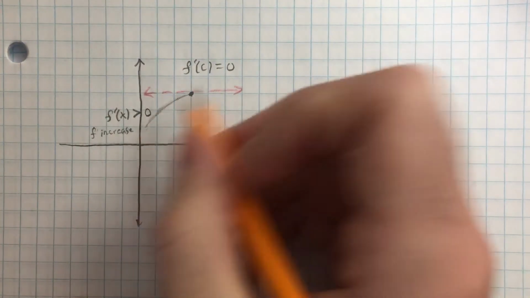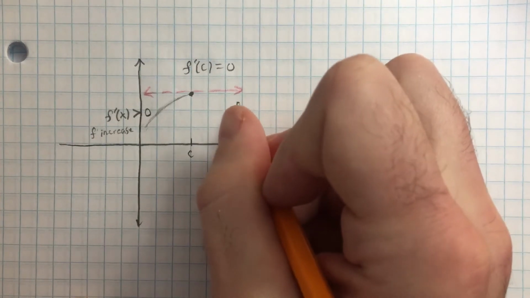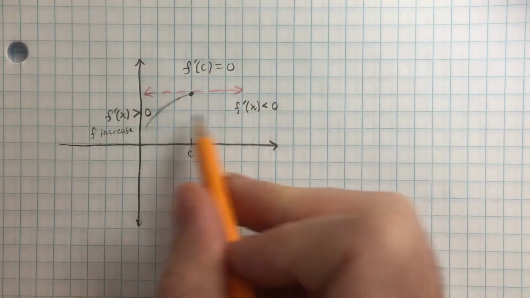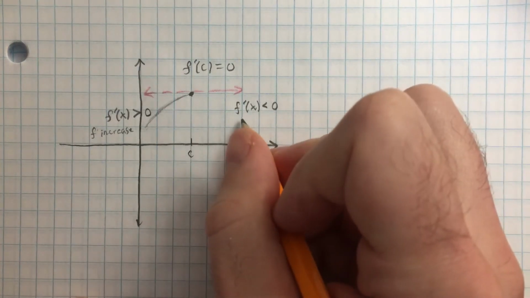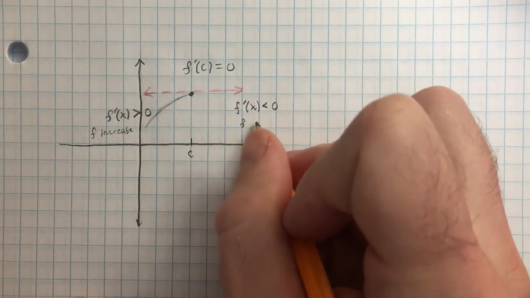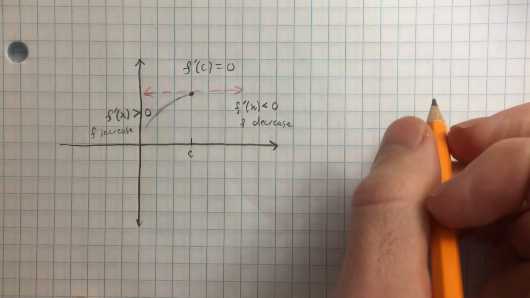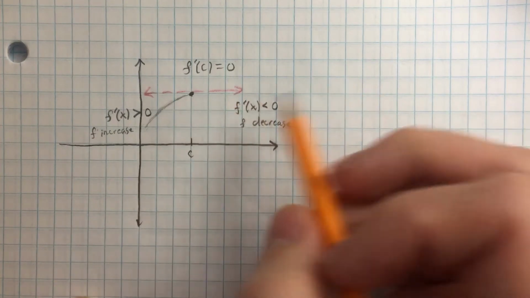If simultaneously, besides that, I also knew that on the right-hand side, f prime of x was negative to the right of C, that would mean that f was decreasing. So I'll just draw now a picture that looks like it's decreasing.